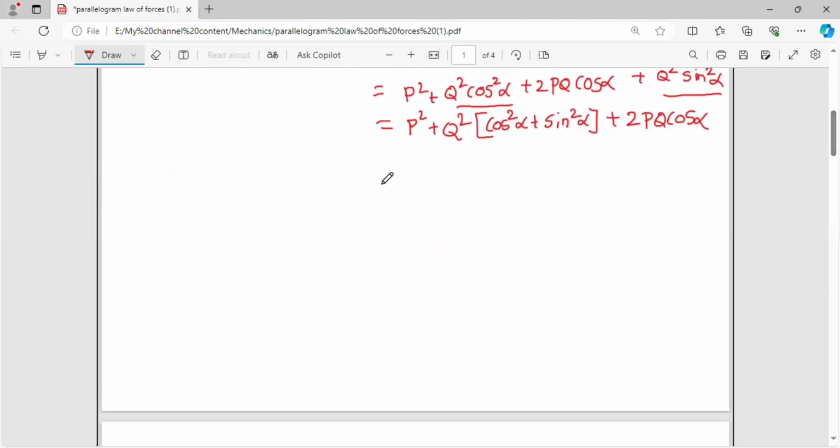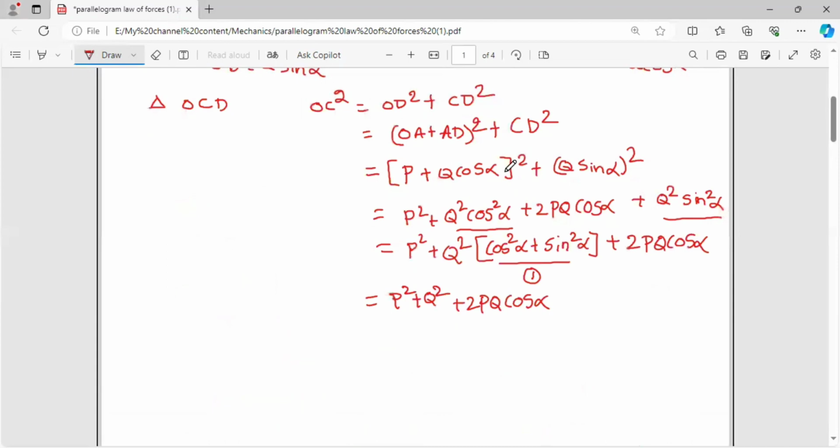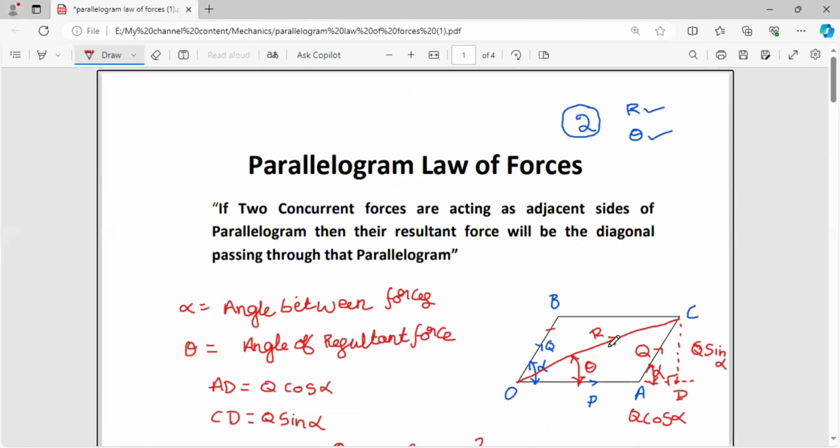From this we can write P square plus Q square, and cos square alpha plus sin square alpha is 1, plus 2PQ cos alpha. Here, OC square is nothing but the resultant force, R square.